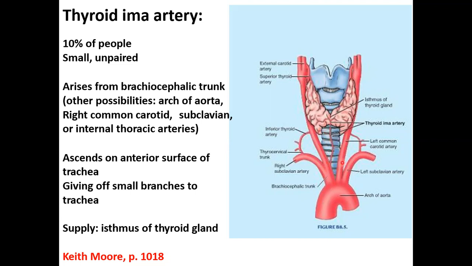And the answer is the thyroidea ima artery. Again, this is only in 10% of patients, but still it's something important to remember and to be aware of so that you can check to see if your patient has it before they go in for their neck surgery so that you won't accidentally nick it. Yeah, and we talked about how it supplies the isthmus of the thyroid gland.